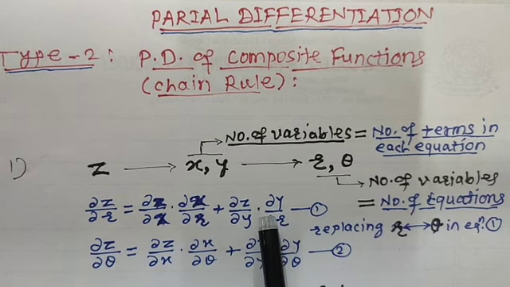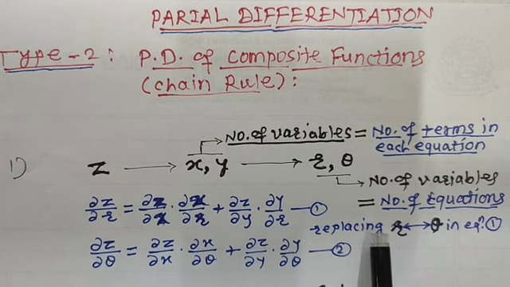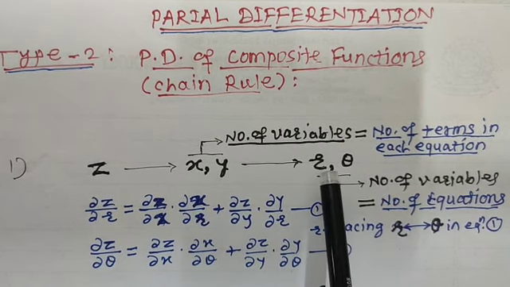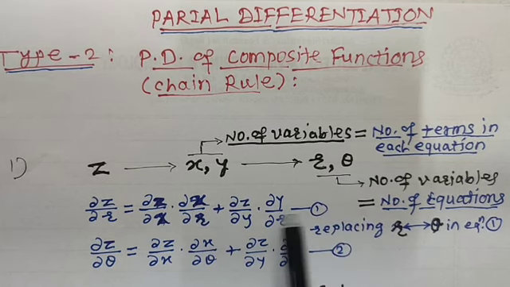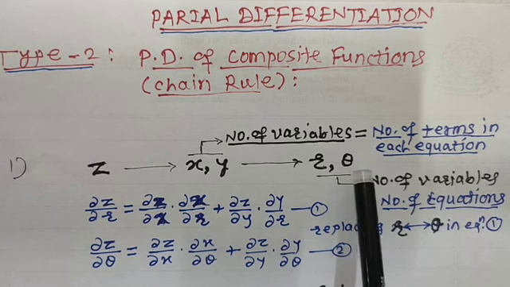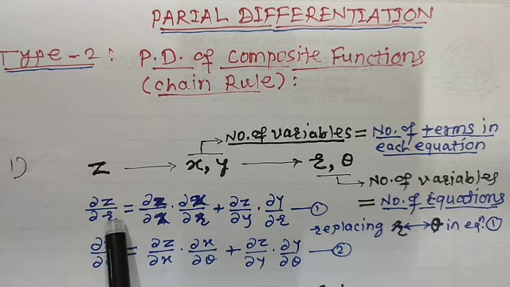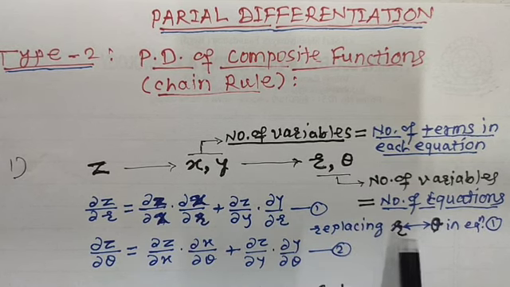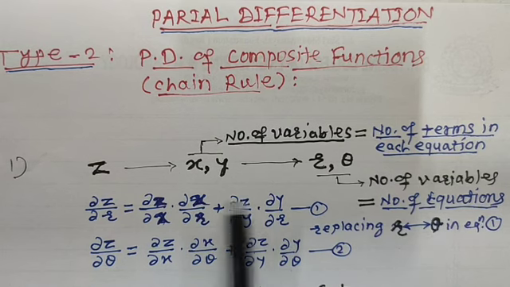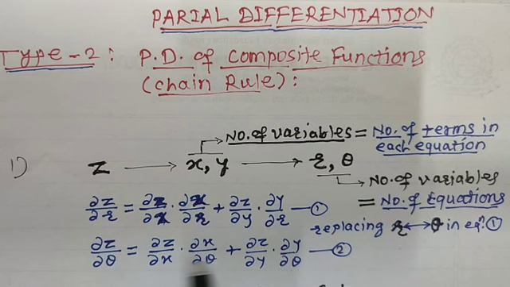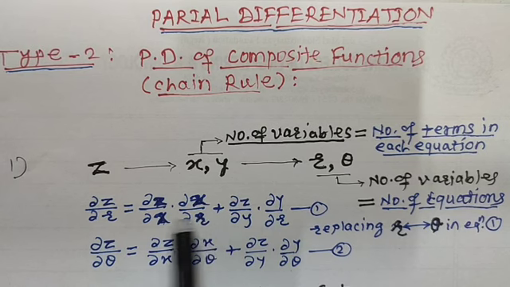Now in this equation what do we have to do? Here the variables are r and theta. This equation is in terms of r. Now we want the second equation in terms of theta. What do we have to do? In equation 1, replace r by theta on both sides. That gives the second equation. Wherever r is appearing in equation 1, r is replaced by theta.